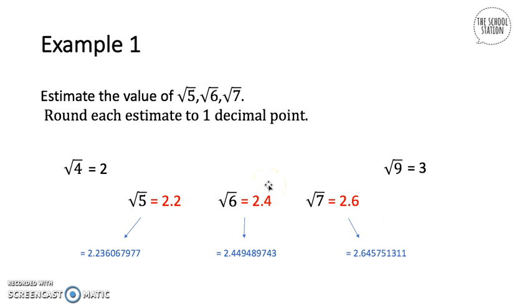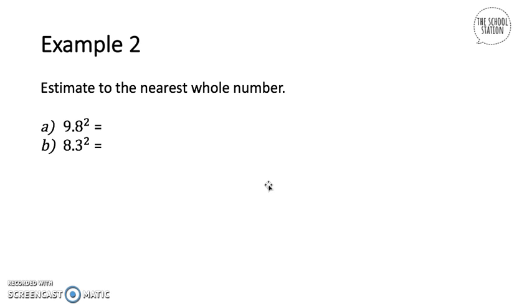So now that we've gone through how to estimate the square root of numbers that are not square numbers, now we can estimate, for example, 9.8 squared. In this question, we are asked to estimate to the nearest whole number.